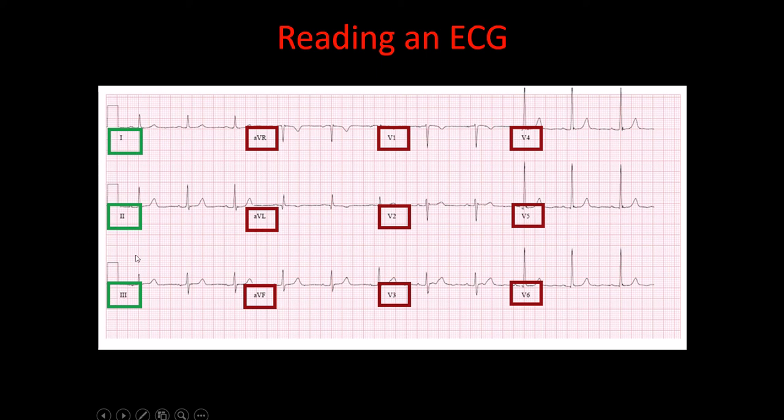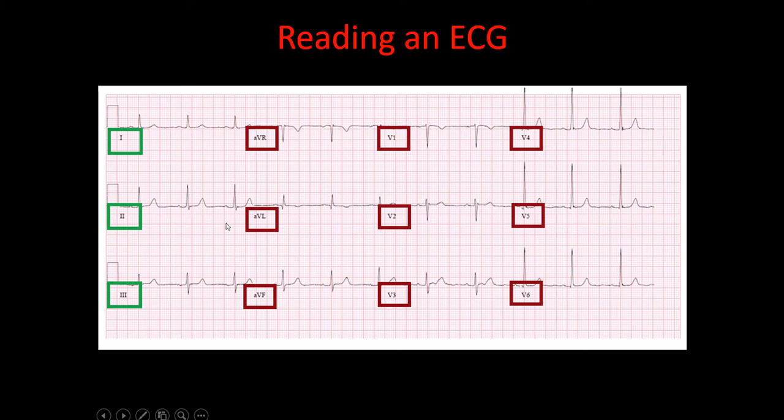These ones with the Roman numerals are kind of a composite or an average of the various other leads. So sometimes these Roman numeral leads are referred to as virtual leads because they're really more of a composite, an average of the information garnered from the various angles of the heart.